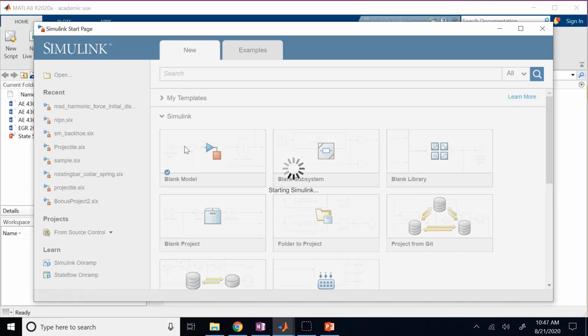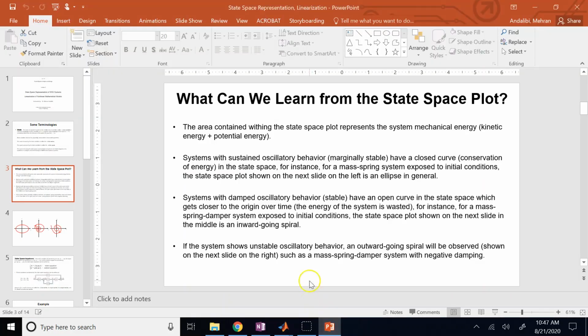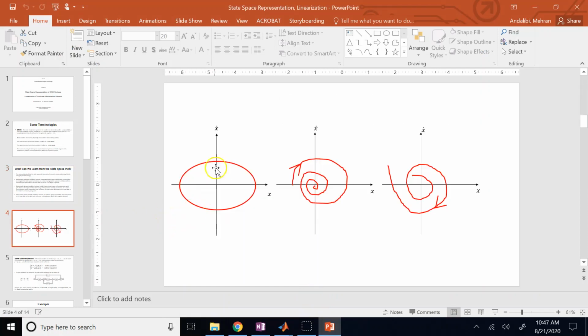The first time you launch Simulink, it is a little slow to load the library and everything, but after that it is typically very fast. So while this is going to come up, this is the first case that I mentioned for you, where the total energy is not going to change.